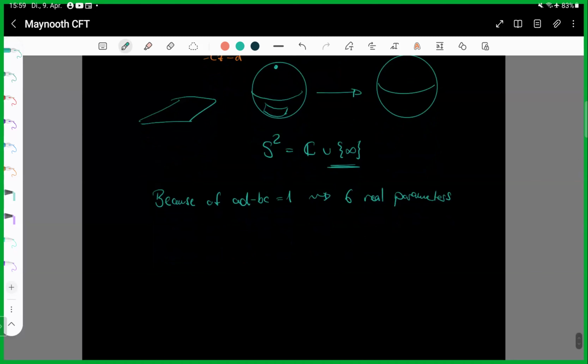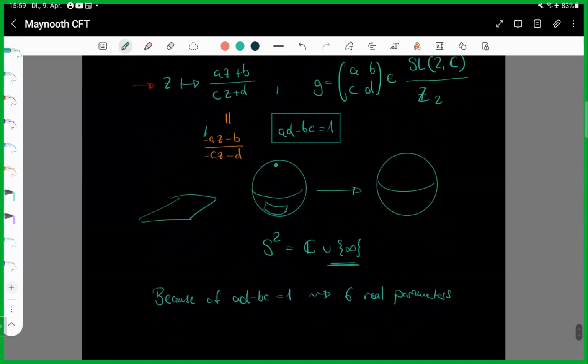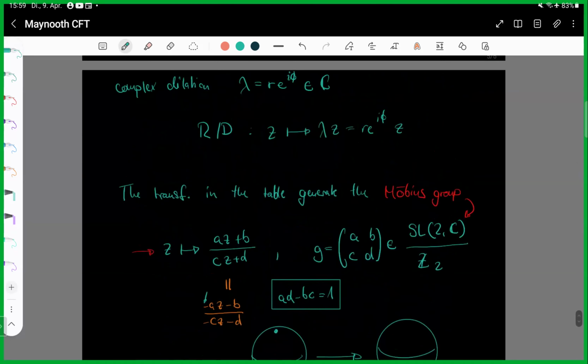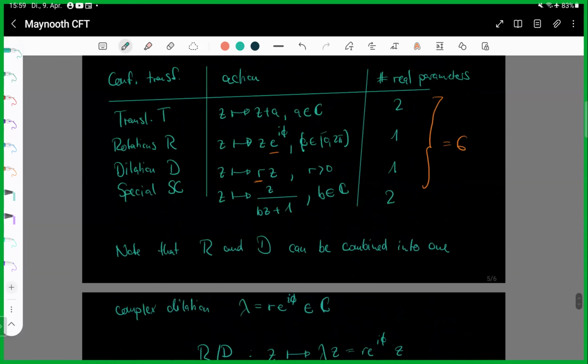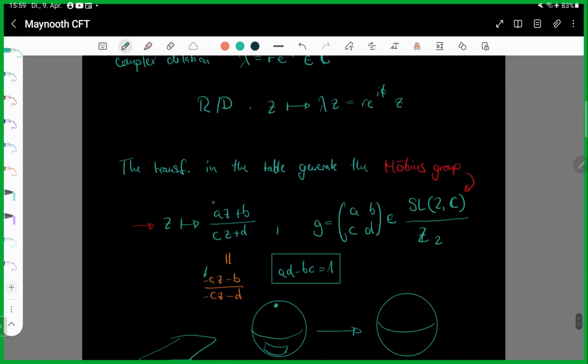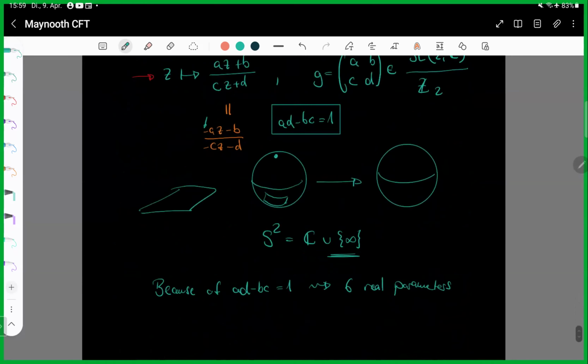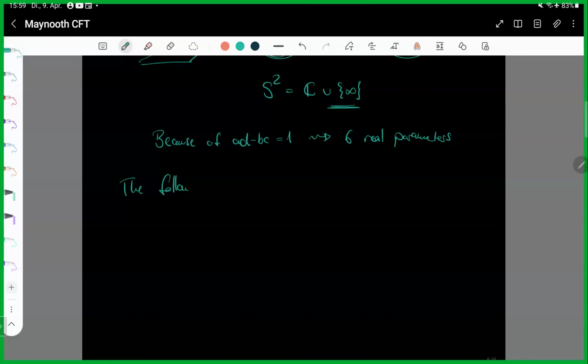Again, I'm not really proving to you that these are conformal transformations, we're going to see in a minute. But actually, by comparing, you can check that all of these transformations in the table can be written as a Möbius group. So in particular, the following group elements, you can just go and convince yourself to get an idea.